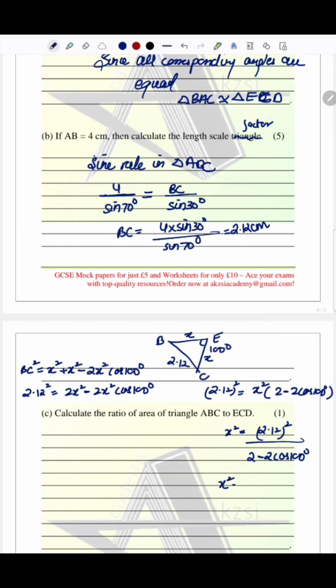And if we solve this, we'll get the answer as 1.914, and then we have to take the root of it. So x will be root of 1.914, which is equal to 1.383.